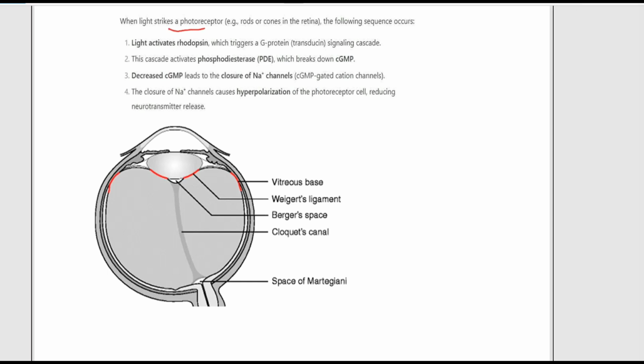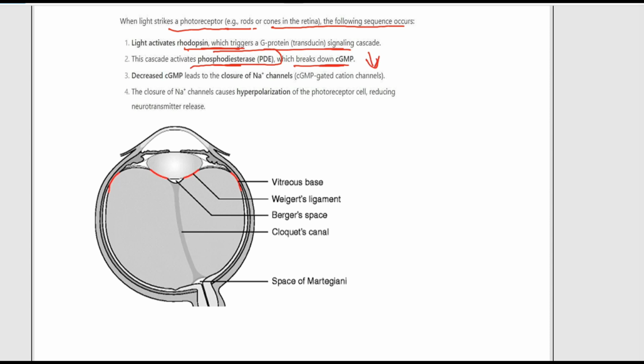Look here, when light strikes a photoreceptor, the rods and cones in the retina, the following sequence occurs. Light activates the rhodopsin, which activates a G protein coupled pathway. This pathway activates the phosphodiesterase, which breaks down the cGMP and reduces it.